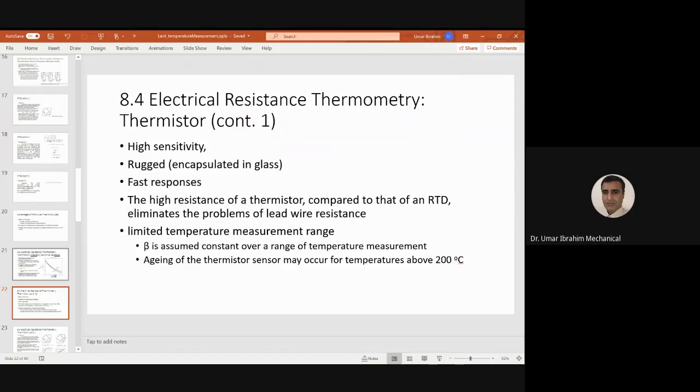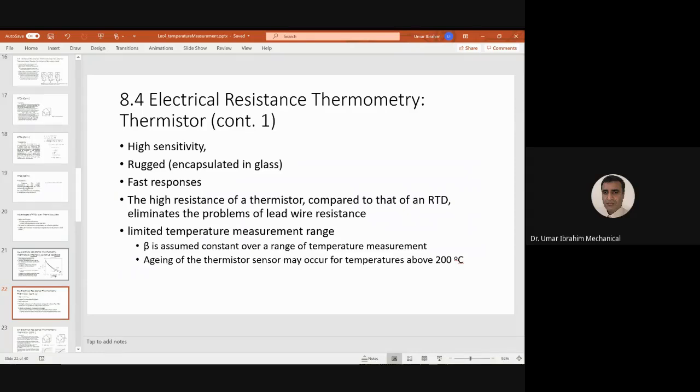So if you use a typical thermistor, if you use it for temperature beyond 200 degrees C, and especially if you use it for prolonged periods, then its parameter changes, means it no longer behaves.